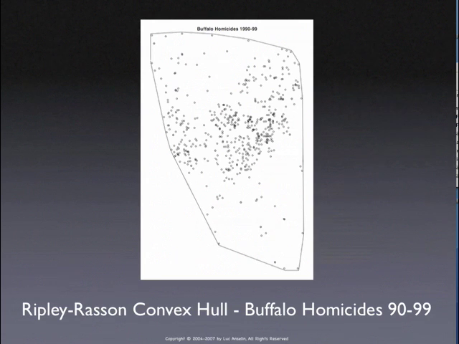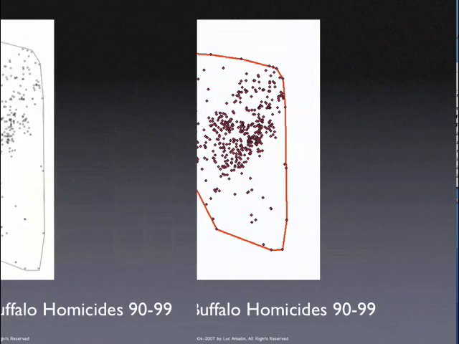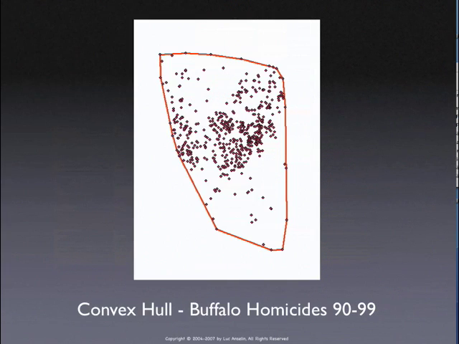Whereas if you go to the previous slide, there is no space. Those points on the convex hull are exactly on the polygon.